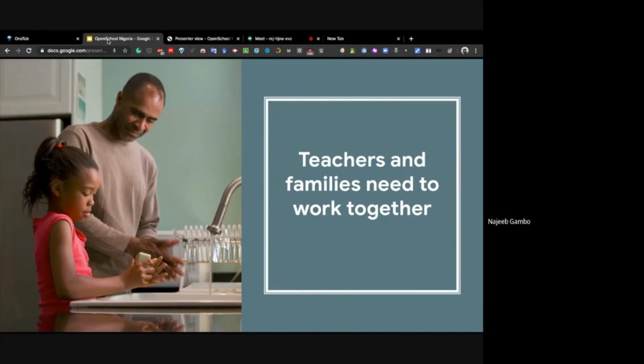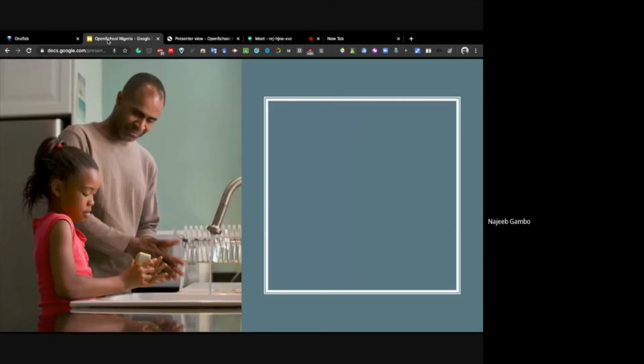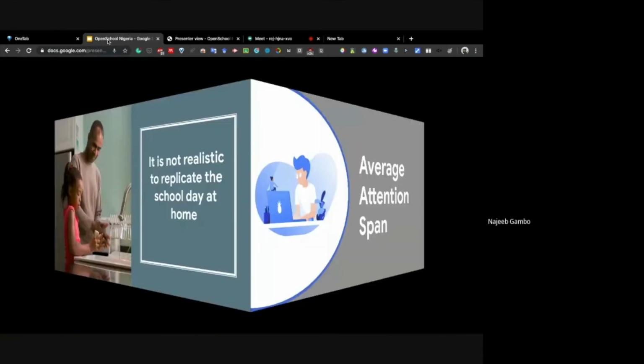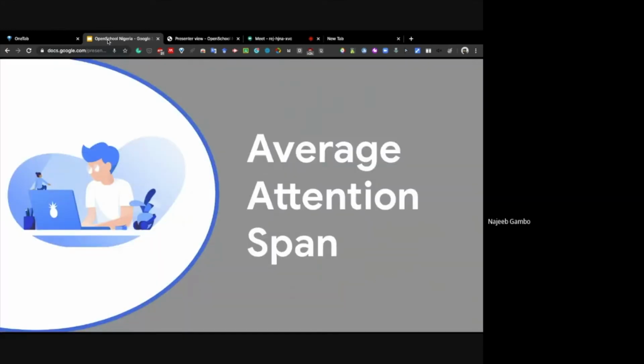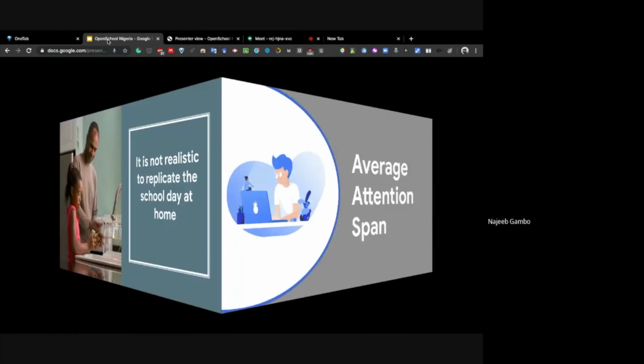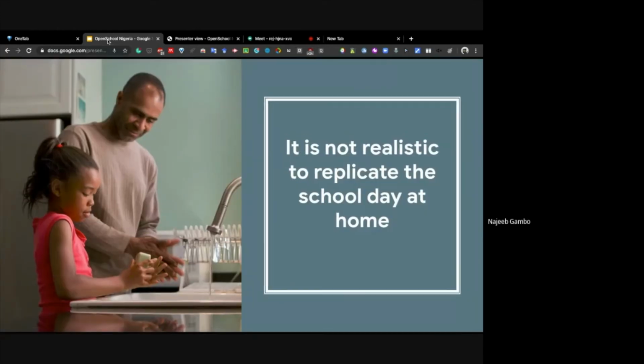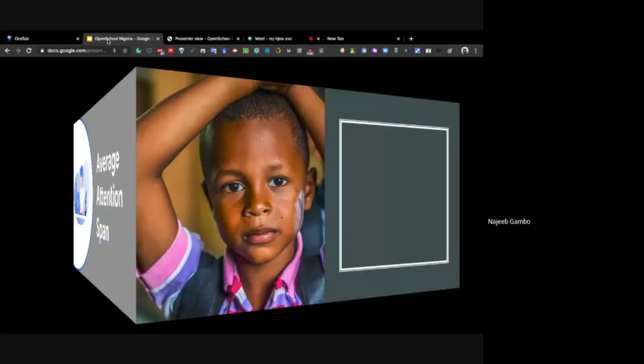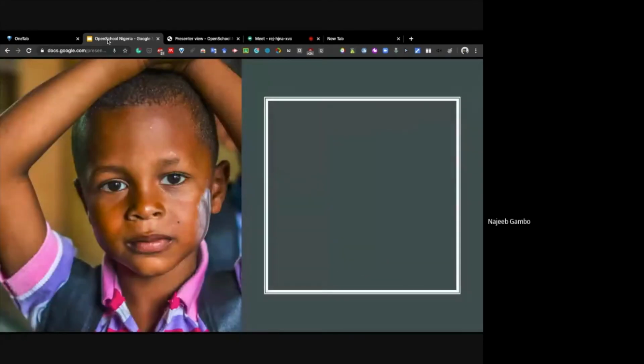So we said teachers and families need to work together. Not only that, it is not realistic to replicate the school day at home. Look at the average attention span of kids, according to one behavioral psychologist's research.